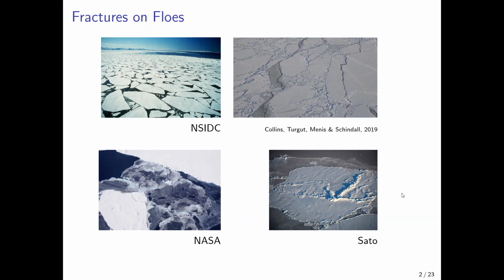Our goal in this project is two parts: to come up with a model that can inject some physics into a model of floe scale fractures that produces complicated fracture networks. In this way, we can study how the physics leads to complicated fracture networks.